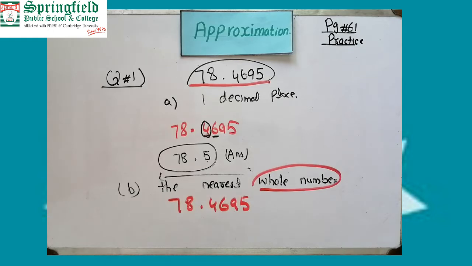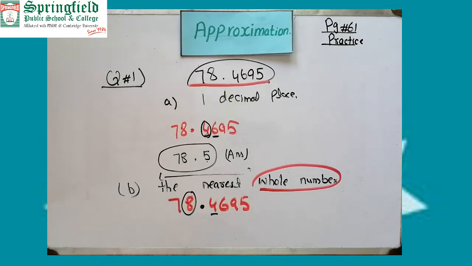78.4695. Okay beta, in this type of situation we will see the first digit after the decimal point. This point is called the decimal point, and the first digit is 4. So underline this digit, and then look at the first digit before the decimal point. The first digit before the decimal point is 8. So circle the digit, and then look at the underlined digit.